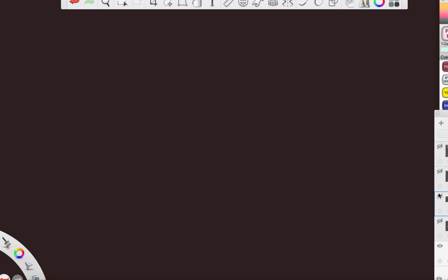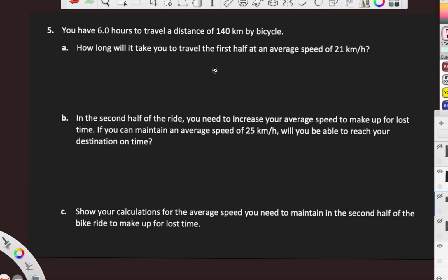And I guess we're at the last page. The last set. And this is the same type of deal, isn't it? It says, and I quote, you have 6 hours to travel a distance of 140 kilometers. How long will it take you to travel the first half at an average of 21 kilometers an hour?